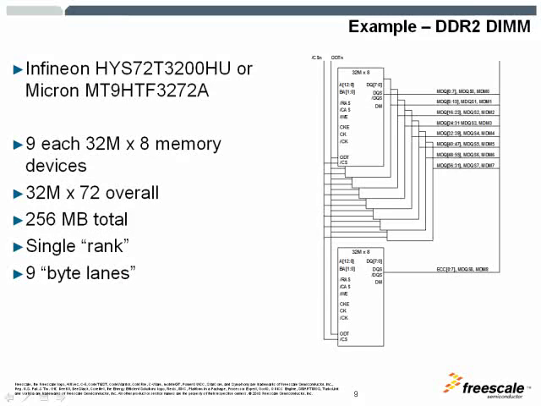A single byte of memory is not sufficient, so they are organized in a concatenated fashion to increase the number of bytes in a memory. Here you can see a 64-bit bus, which consists of 8 byte lanes and an additional ECC byte lane.